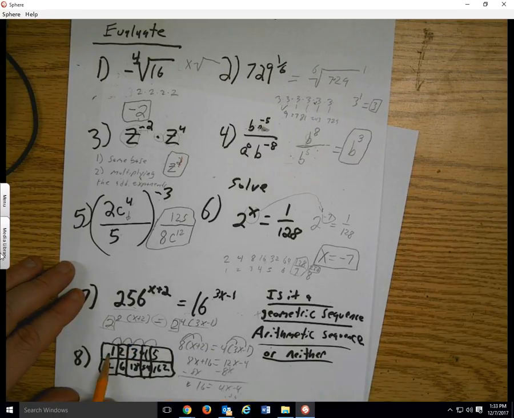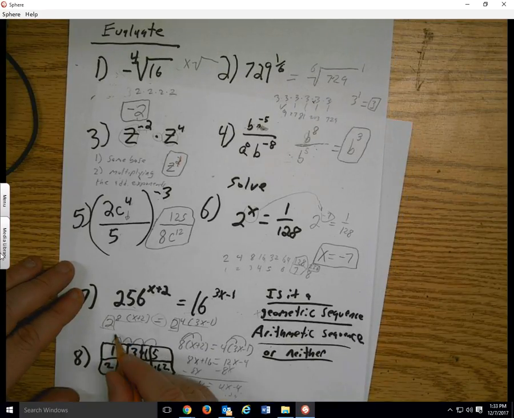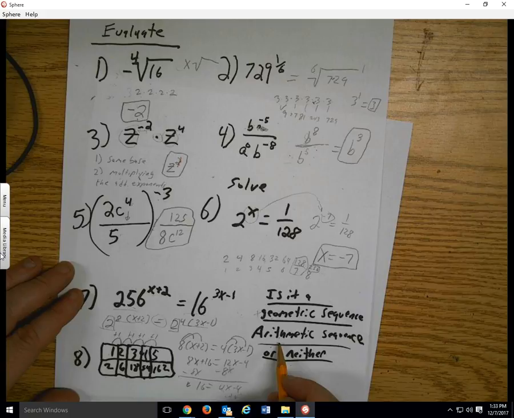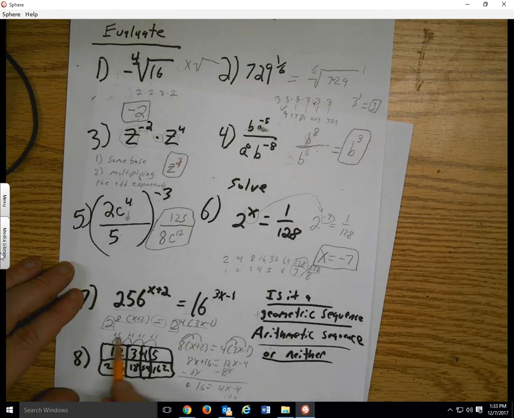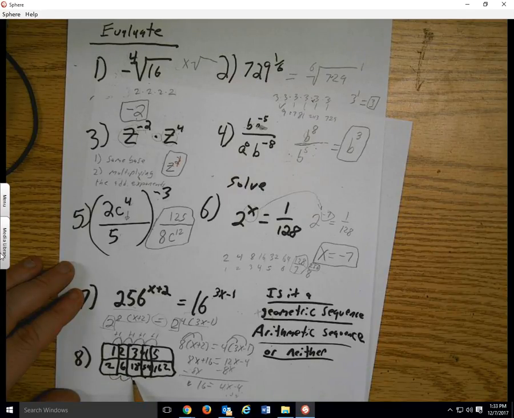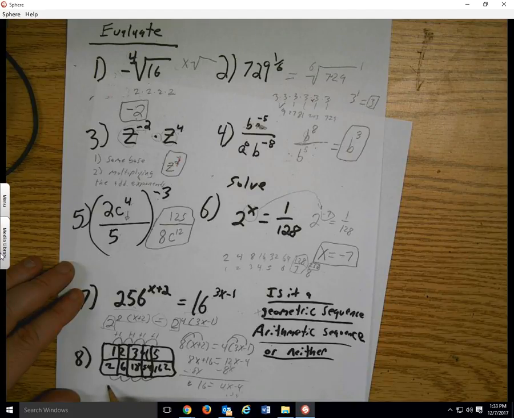But you can see on the top that it's increasing by 1 each time. So far, geometric and arithmetic are still choices because it's increasing by the same number. But then on the bottom, we go from 2 to 6, from 6 to 18, to 54, to 162. It looks like we're multiplying by the same number. In this case, the number would be 3.